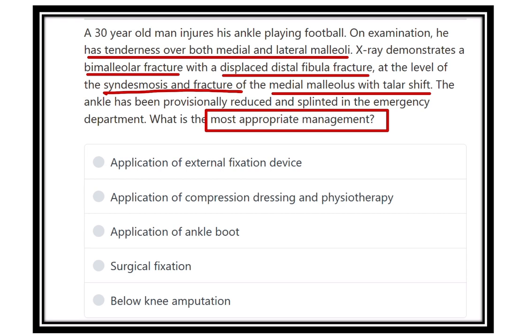And there is a medial malleolus fracture with talar shifting. So what may be the management? Here the options are application of an external fixation device, application of a compression dressing and physiotherapy, application of an ankle boot, surgical fixation, and below knee amputation.